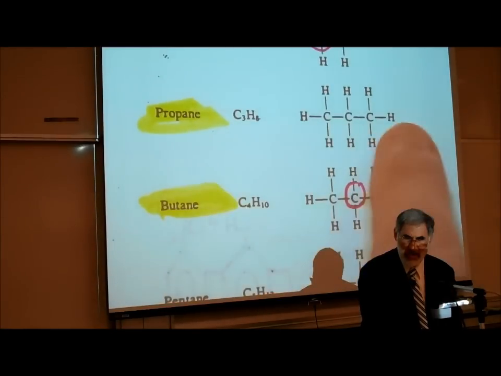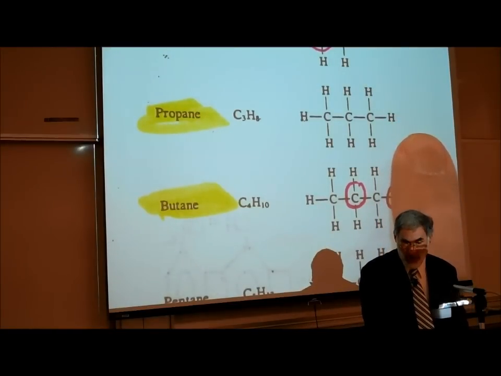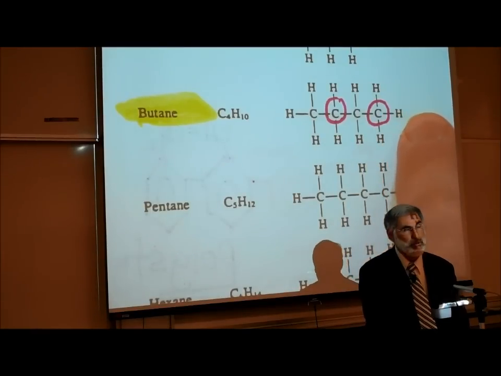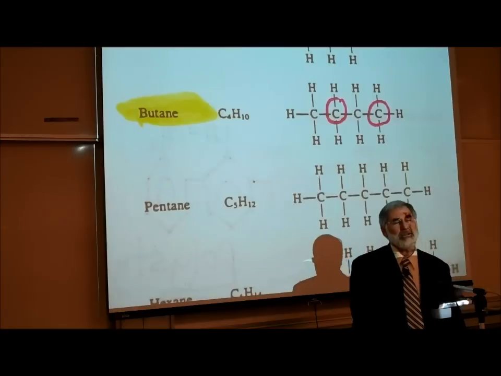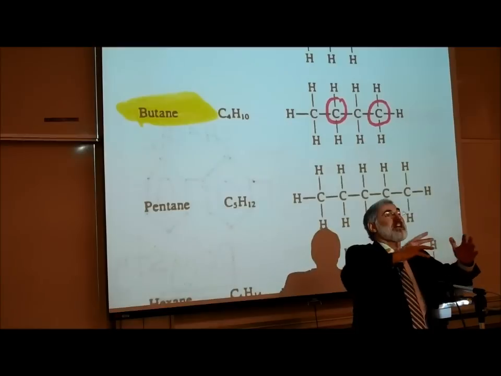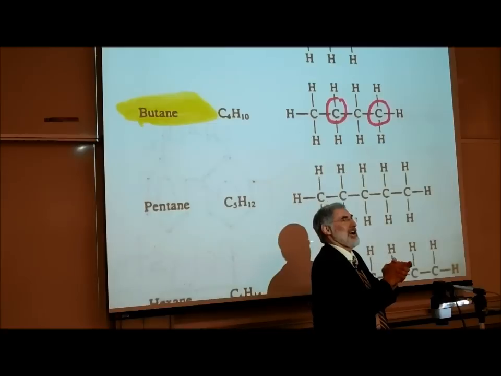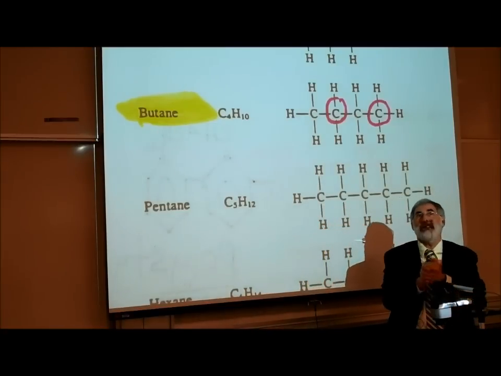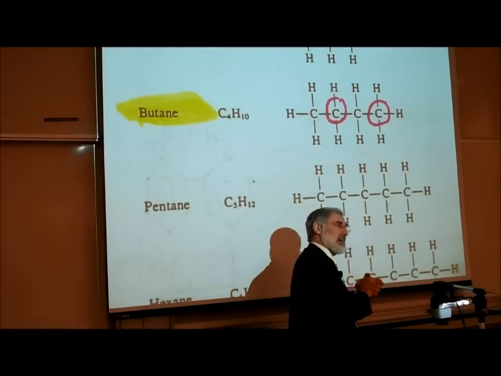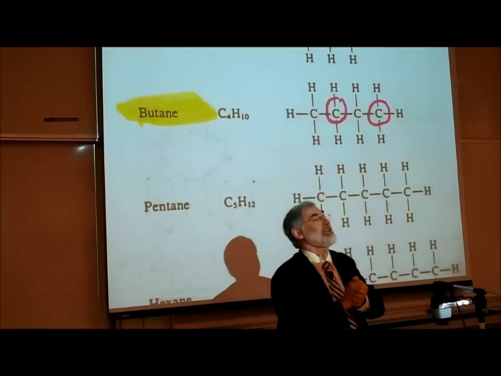If you had propane and you substituted an H, anybody want to guess what it's called? Propanol. If you had butane and you substituted one of these hydrogens with an OH, it would be butanol. What that means is there's not just one alcohol, there's an infinite number of alcohols. Everybody's going, my gosh, I can search the universe and drink different kinds of alcohols. Unfortunately, almost all the alcohols are quite toxic. Even the one we commonly drink, ethanol, is toxic if you drink enough of it.